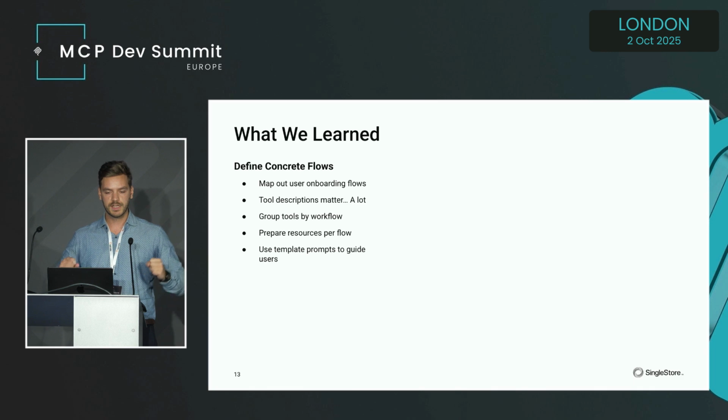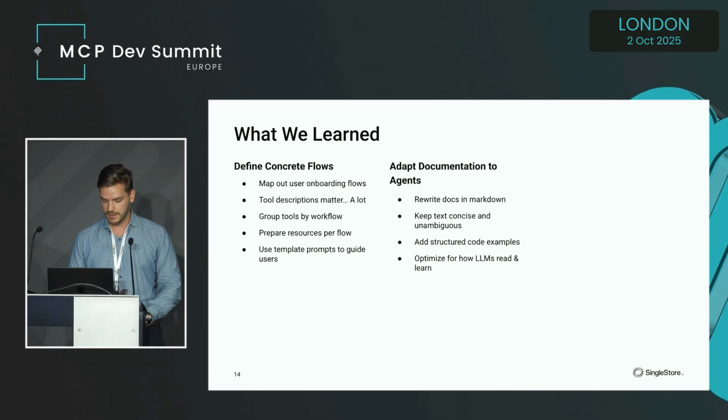So instead of just wrapping your MCP server around an API, try to see what use cases you actually want your users to use your platform for, and use the MCP server to guide the LLM through those specific use cases.